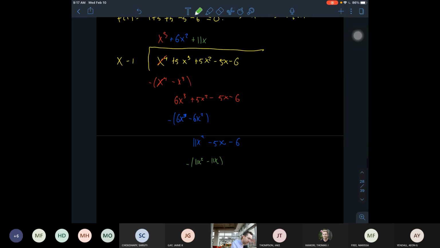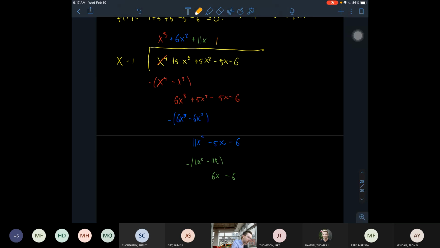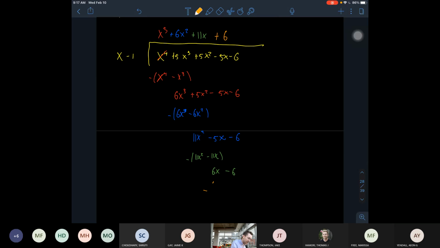So I add 11x to negative 5x, and I get, this is tedious, 6x minus 6. So then my last term here is just going to be a plus 6. And I will then subtract 6x minus 6, and I get 0.